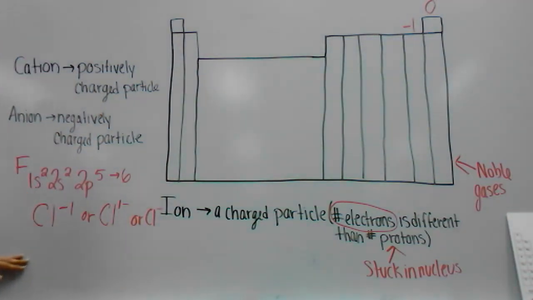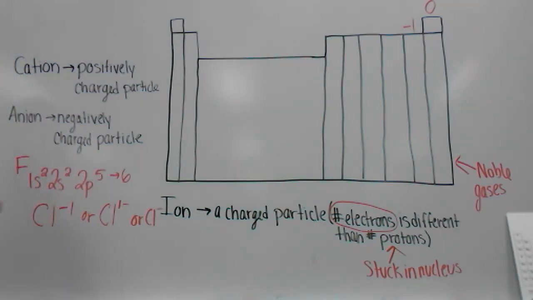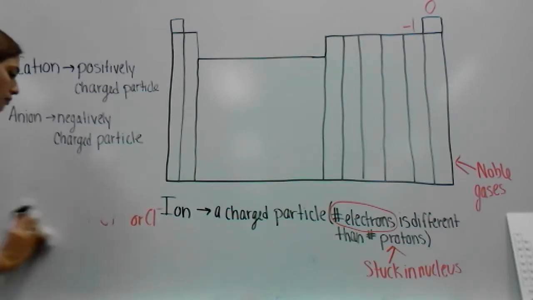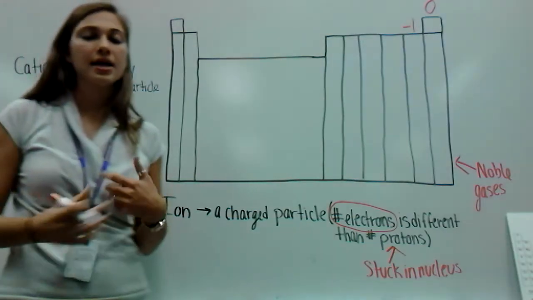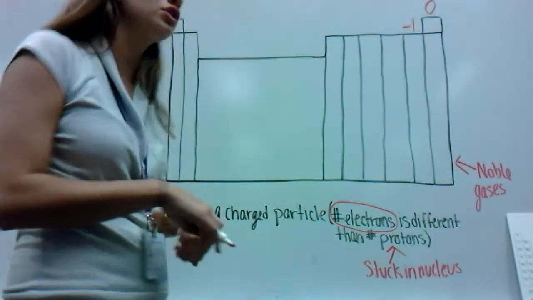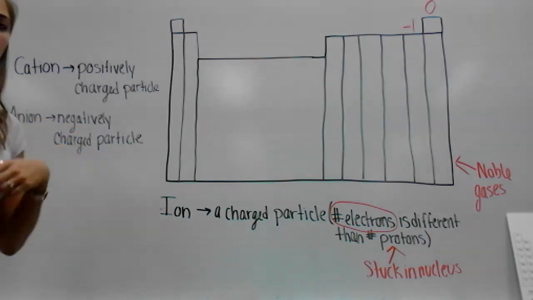All of these mean the same exact thing. It doesn't matter if you put the minus first or the minus second, it makes no difference. Any of these ions that are going to become negatively charged, we're going to call an anion. An anion is a negatively charged particle.